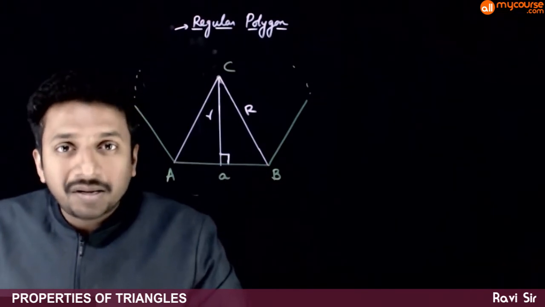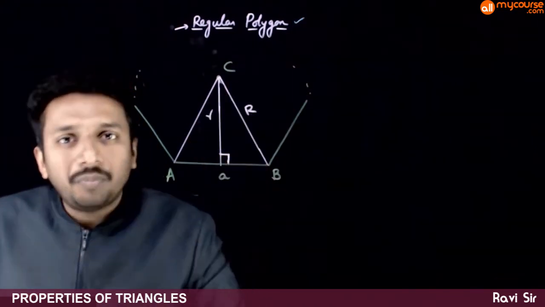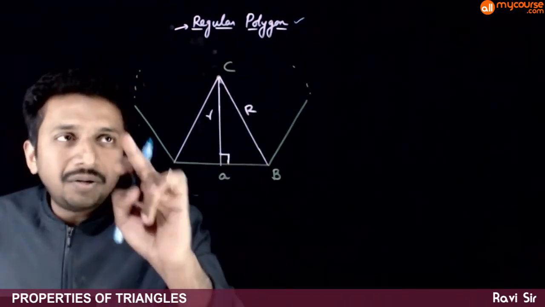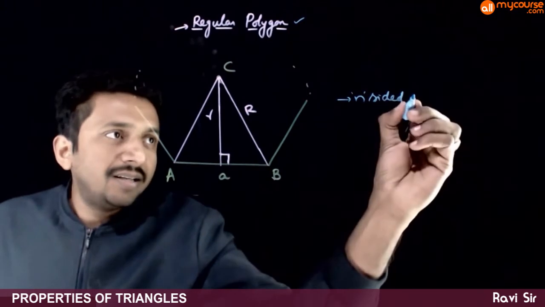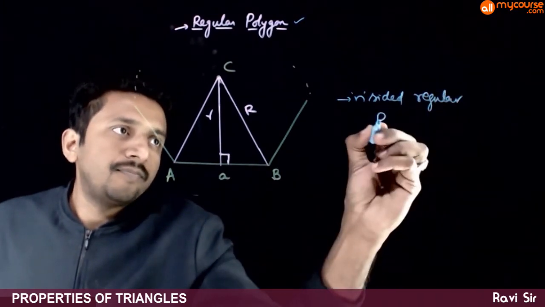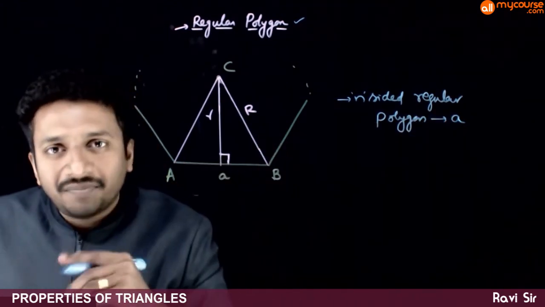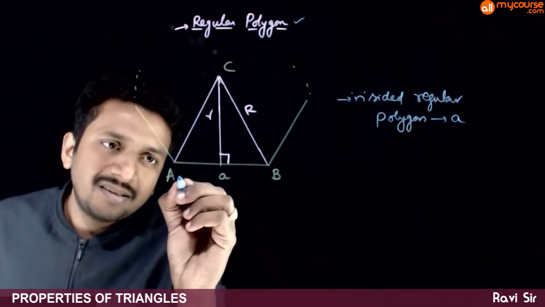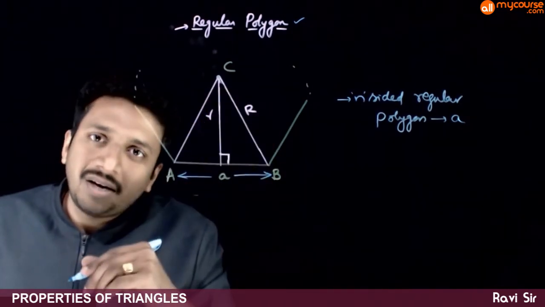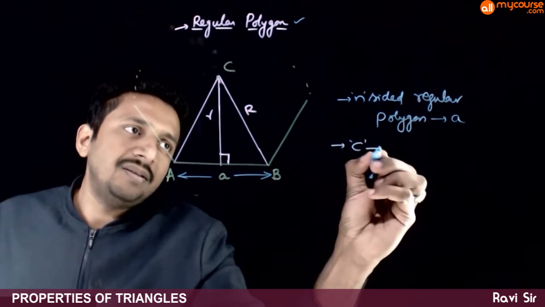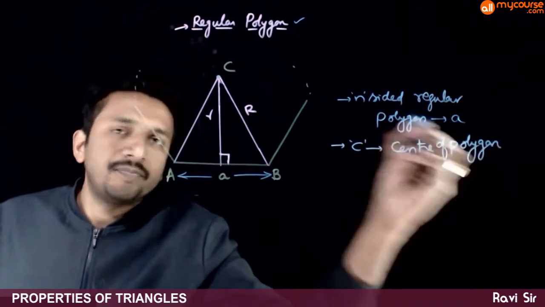In this topic, let us look at how to find the circumradius and inradius of a regular polygon. Let us say that you have an n-sided regular polygon whose side length is A units, and let C be the center of the polygon.